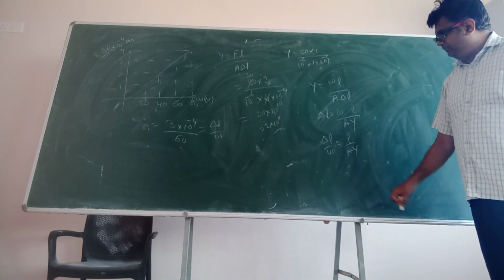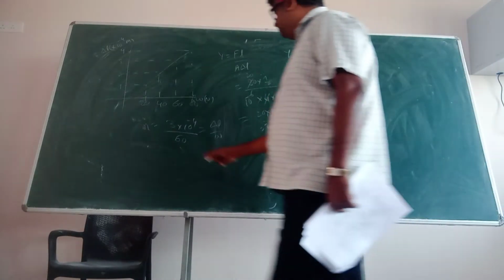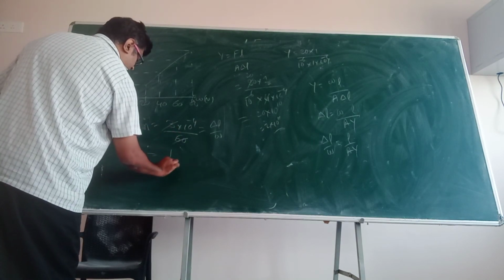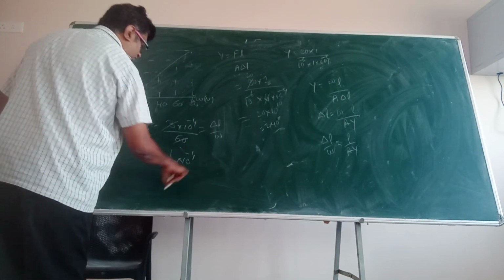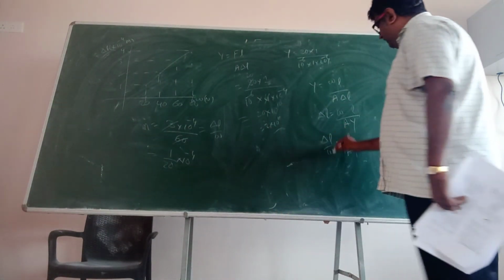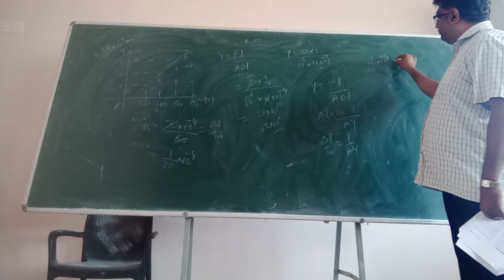So delta L upon W is given as, you have found out, 1 upon 20 into 10 to the power minus 4. What are you trying to find out?